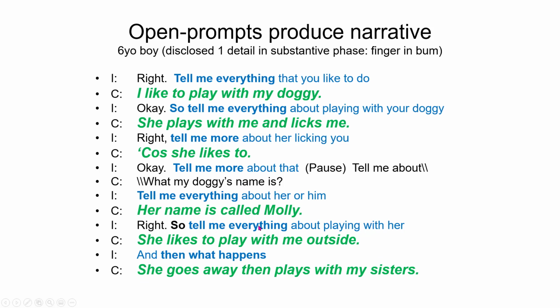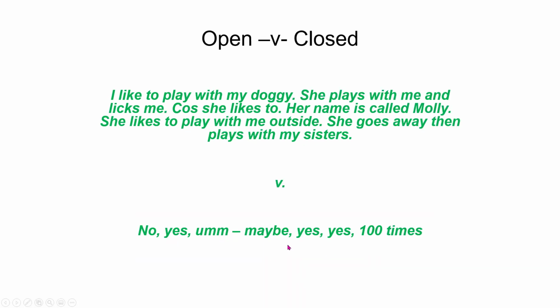Now there we've got two different types of narratives that have been obtained using two different types of questioning styles. And a really good test is to delete everything that the interviewer has said and then see if you can still make sense of it. So this little boy in his real interview was asked open prompts. So they're input-free prompts.